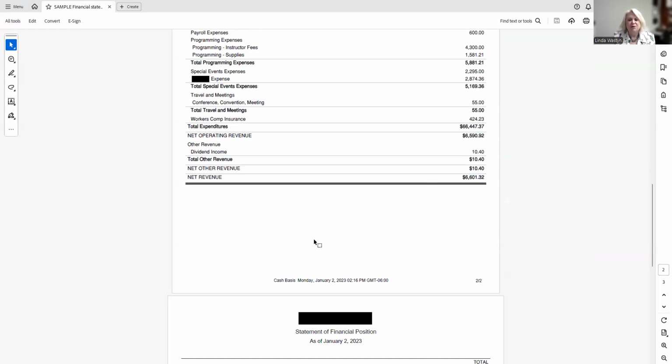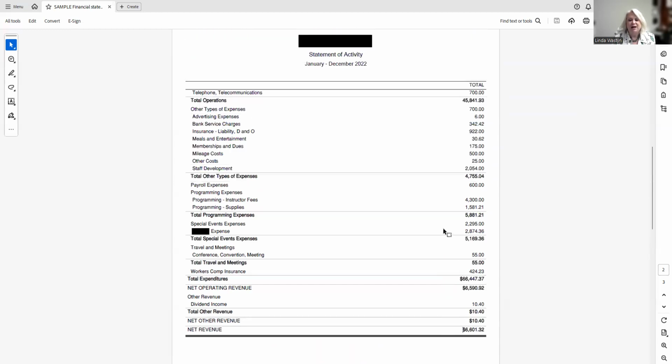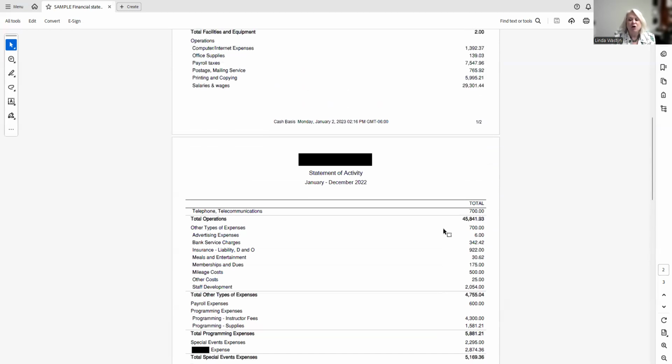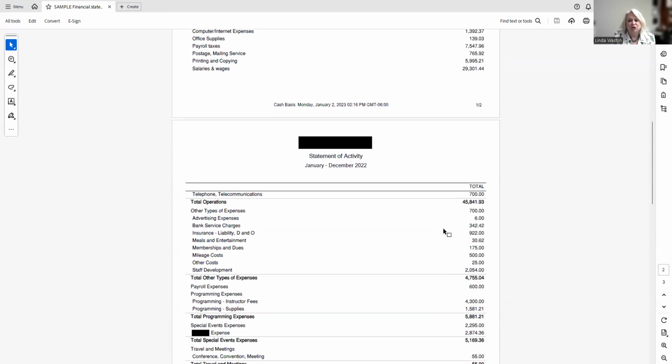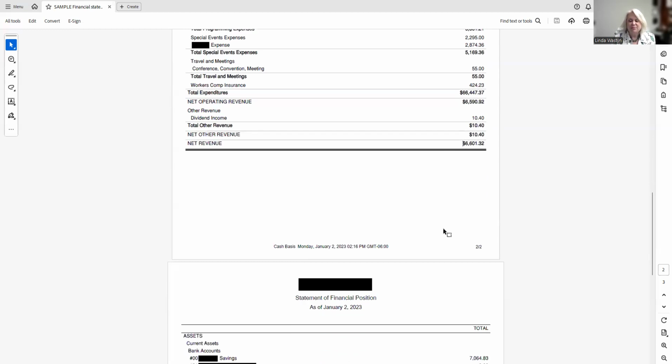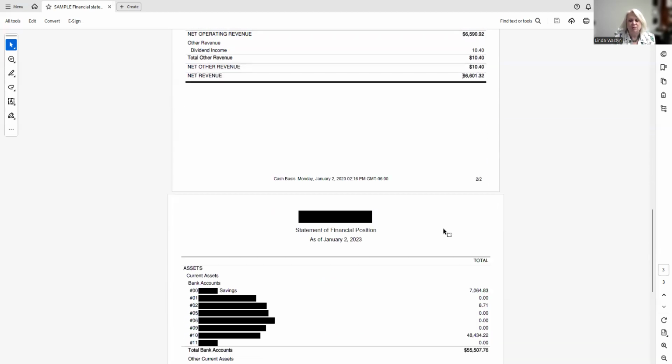When I look at a P&L, that's usually what I look at: is there a profit? If there's not, or if that profit's going down, then I go back and look and see, okay, what were our big expense categories? Are there things that we might be able to cut or decrease? So that's the profit and loss statement or statement of activities, sometimes called a P&L.